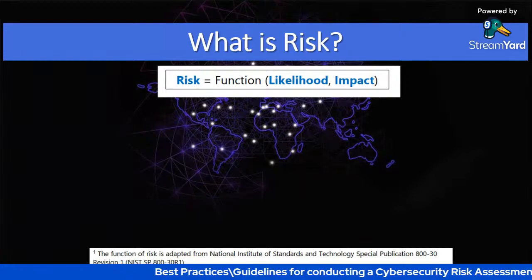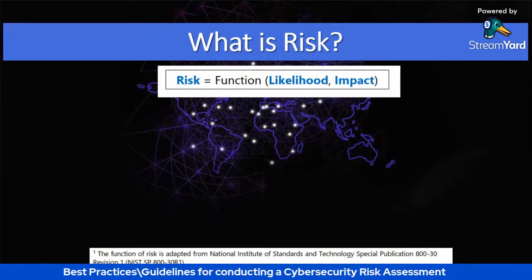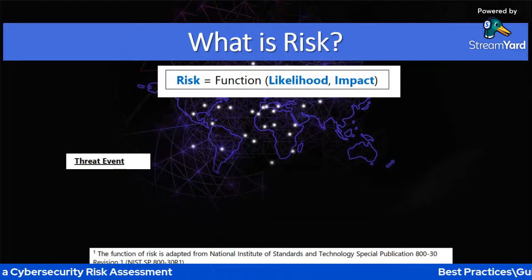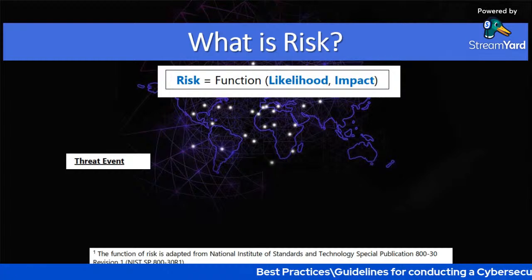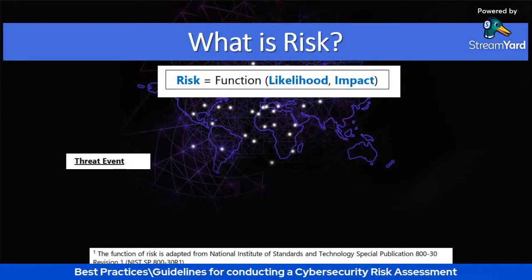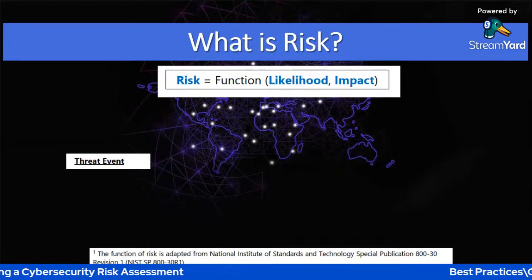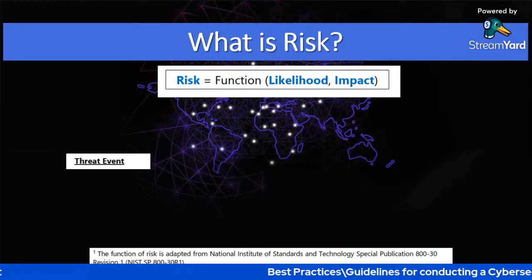All right. So the first element we look at is the threat event. When we talk about the threat event, this refers to any event during which a threat actor, by means of the threat vector, acts against an asset in a manner that has a potential to cause harm.